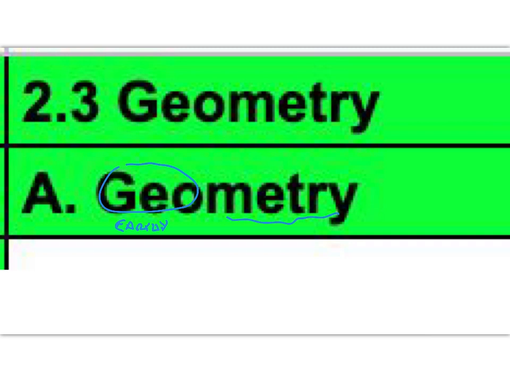I think geo is Greek for earth, because you have geology, which is the study of the earth. Well, metry deals with measurement. So if geo is earth, then metry is measurement. So it's measurement of shapes on the earth.